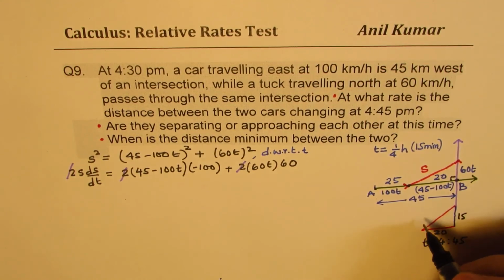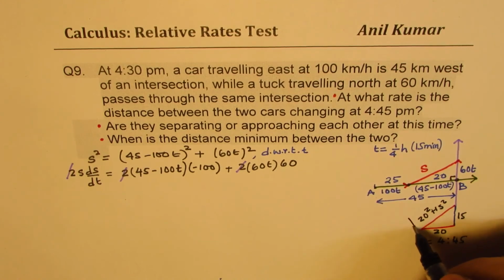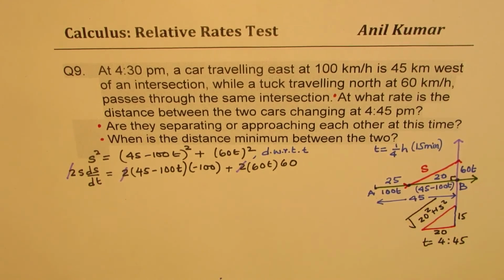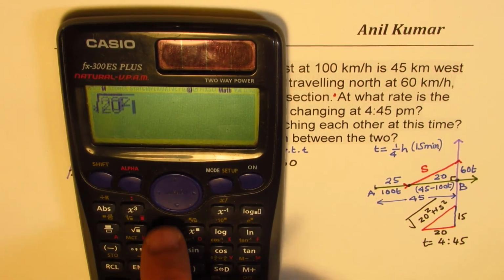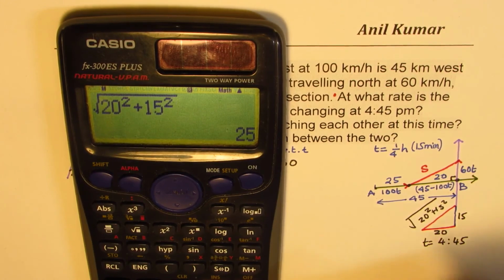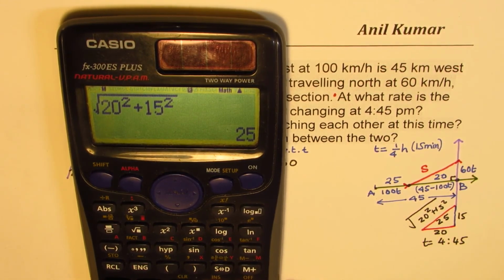So s will be equal to the square root of 20 squared plus 15 squared. Let's calculate this. The square root of 20 squared plus 15 squared is equal to 25. So this distance is 25, correct?